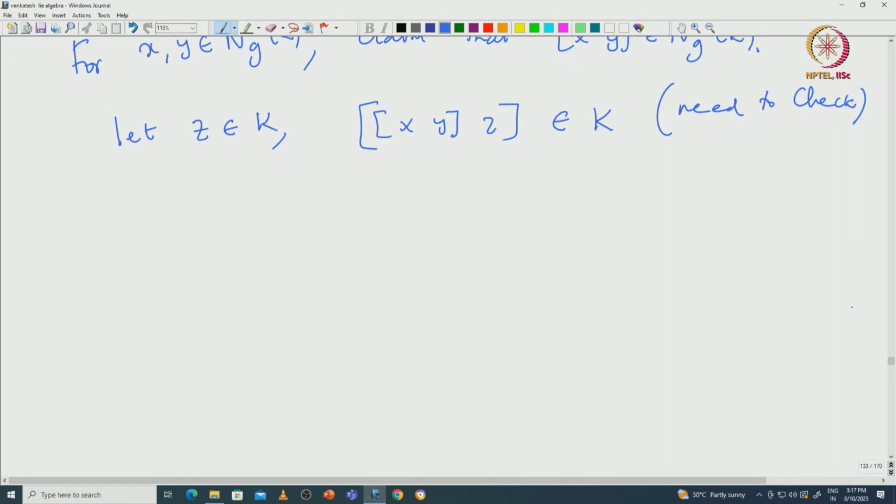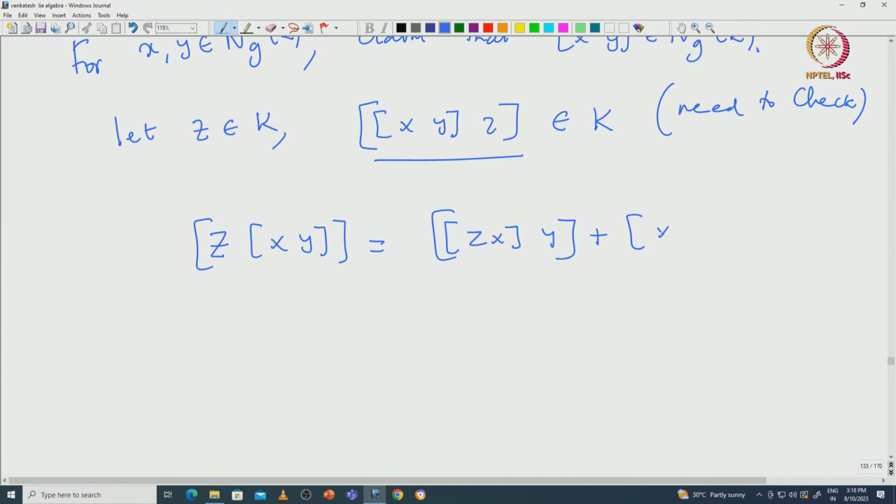Let us use the Jacobi identity and rewrite this. It is enough to show the opposite is also inside K. That means this is the minus of this. Then if you use the Jacobi identity, this just tells us that this is exactly [z, [x, y]] equals [[z, x], y] plus [x, [z, y]]. Okay.